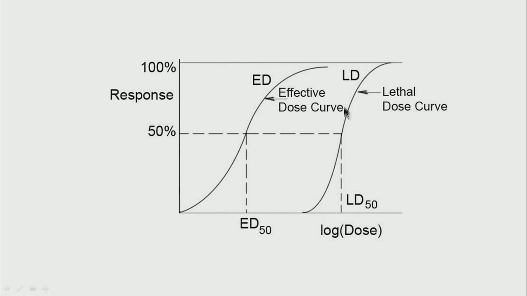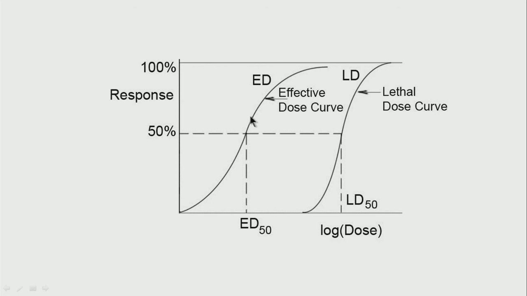This is the cumulative distribution, which has a sigmoid shape. The point where 50% of the objects or 50% of the people are affected is known as lethal dose 50, it's known as LD50.